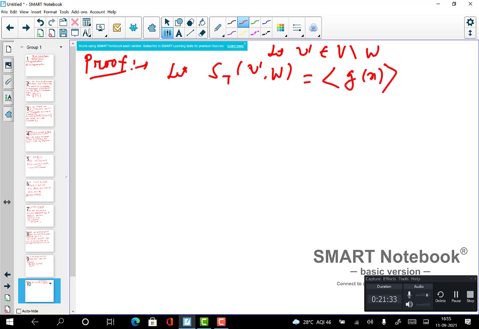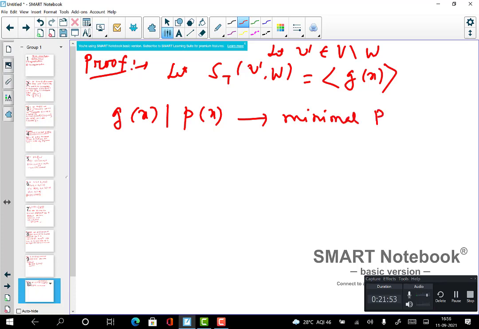Then obviously this g(x) will also divide the minimal polynomial of T that I already showed you, right? So g(x) will divide the minimal polynomial for T.